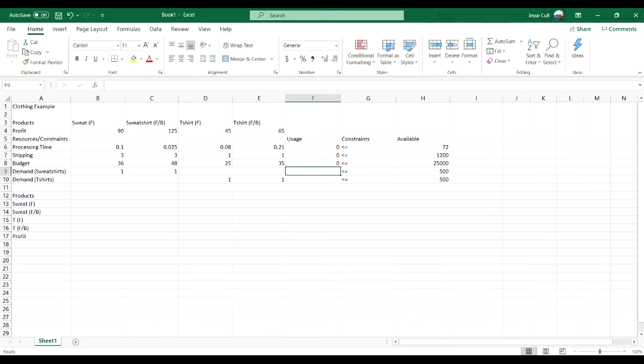And again, this time we'll leave it only to 2 because the zeros don't really matter. And again, leaving it to 2 because the zeros don't really matter for sweatshirts.